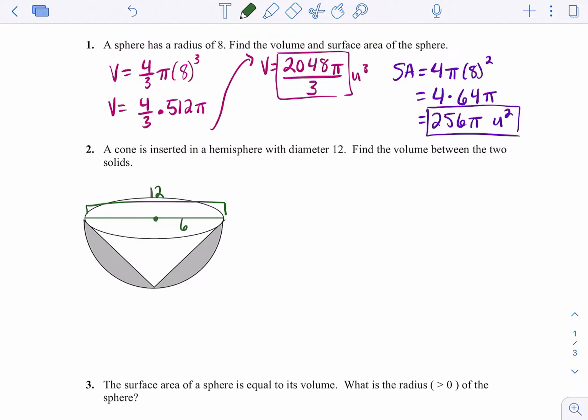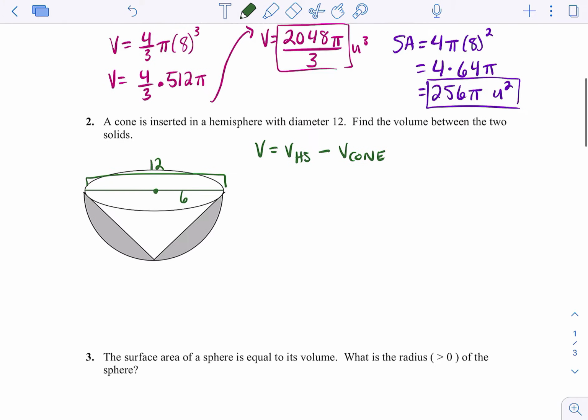So as you've started to work this through, hopefully you have realized that when we are looking for leftover area, leftover volume, we can take the two parts and subtract their volumes from each other. So if I find the volume of the hemisphere, that will be all the space where the cone currently is. If I want to remove the space of the cone, I need to find that volume and I will subtract it. So the volume between the two of them will be the volume of the hemisphere minus the volume of the cone.